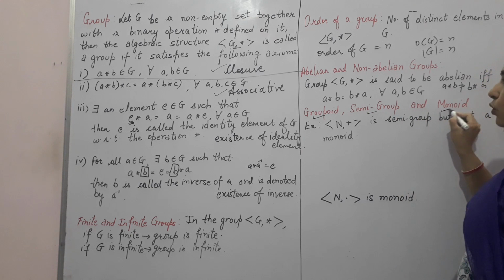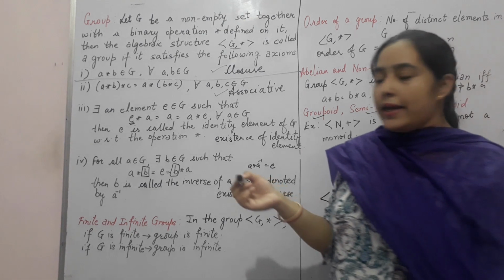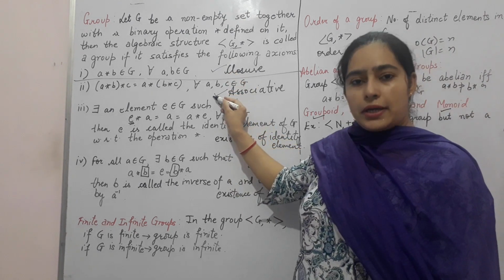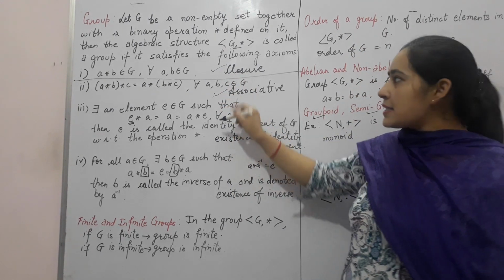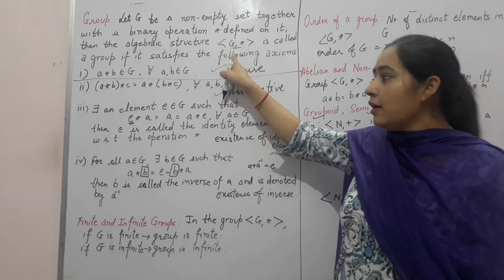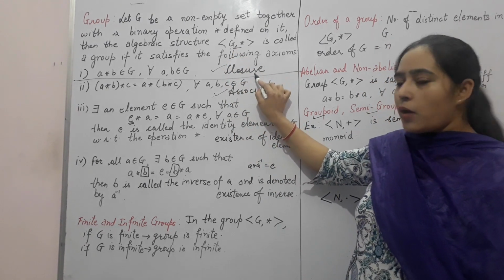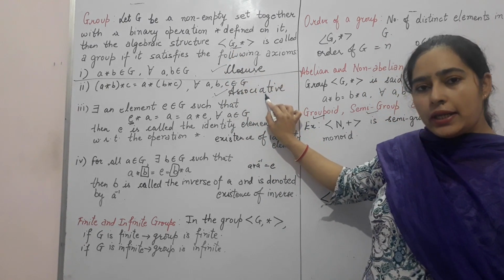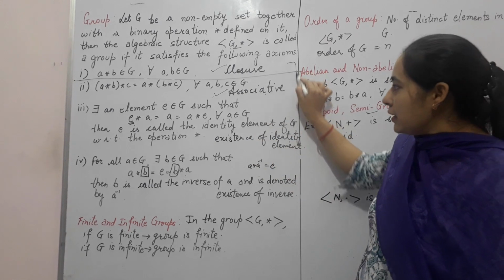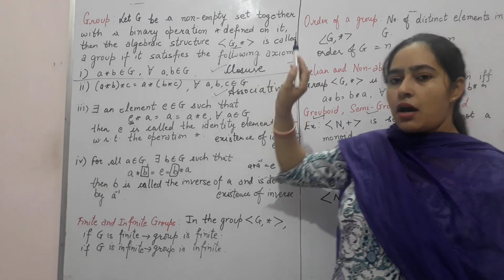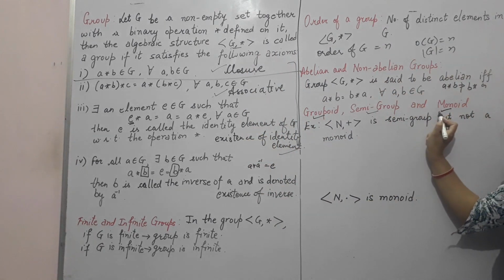Third one is monoid. If along with these 2 properties, the third property is also satisfied, that means this algebraic structure G star satisfies the closure property, associative property, and existence of identity element, then it will be known as a monoid.